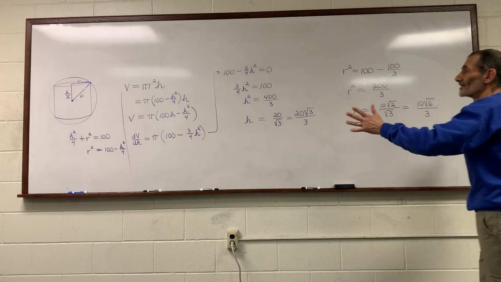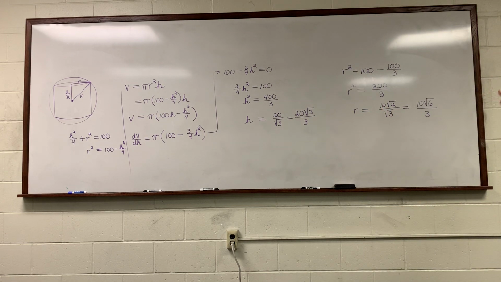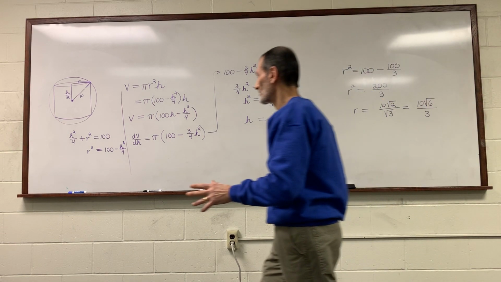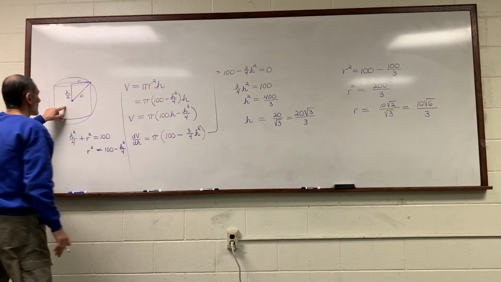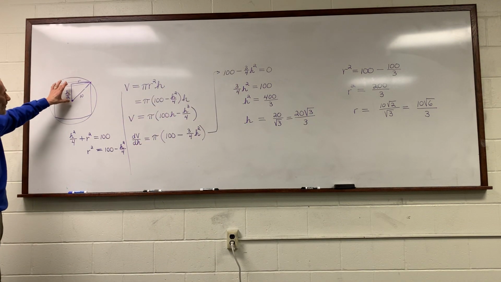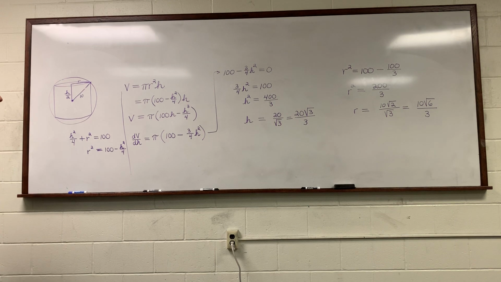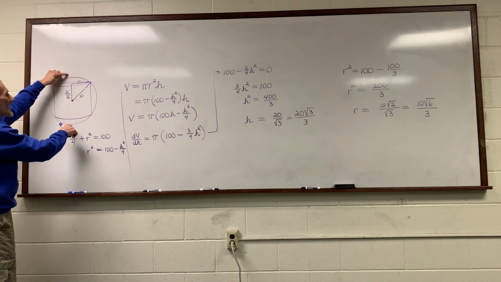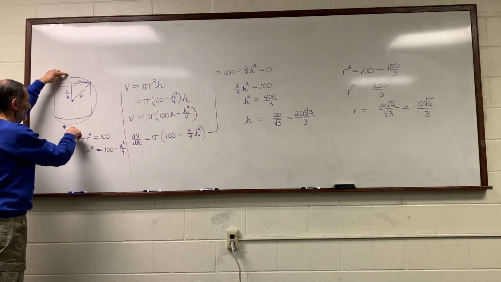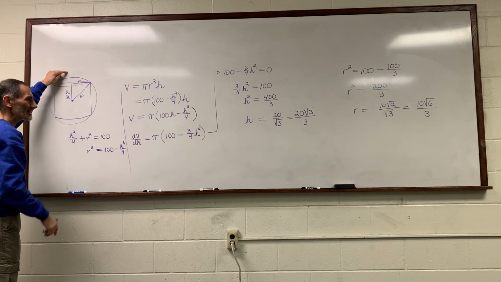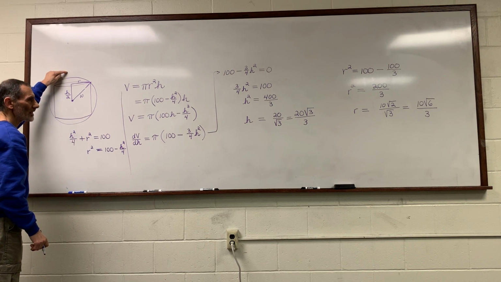Now, before I go ahead, let me just again stop and say, do those numbers make sense? You always have to ask yourself that question. Note, the radius of the sphere is 10, which means that the diameter of the sphere is 20. The height must be less than 20.